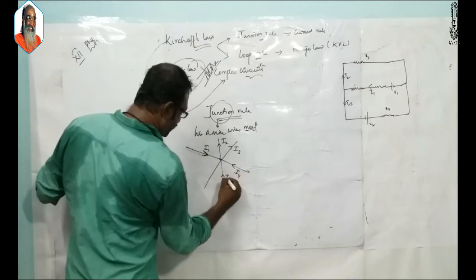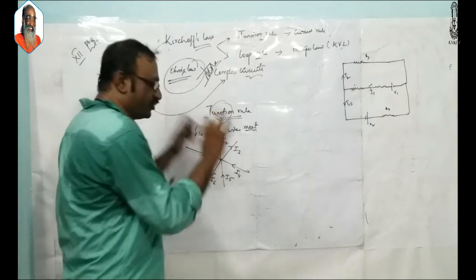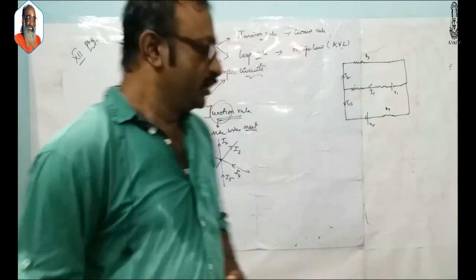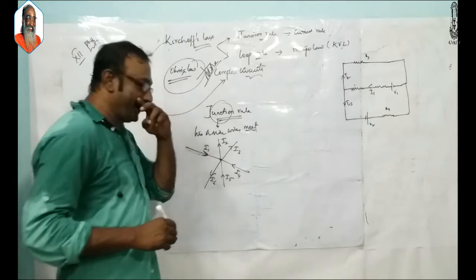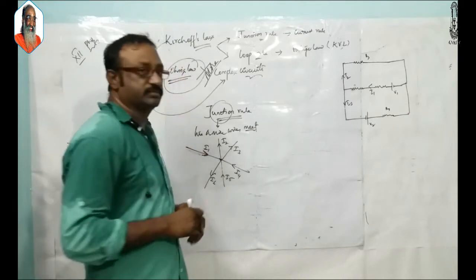Let us think of a situation like this. So here the different wires are there. In some wires the current is coming towards the junction, and in some wires the current is moving away from the junction.